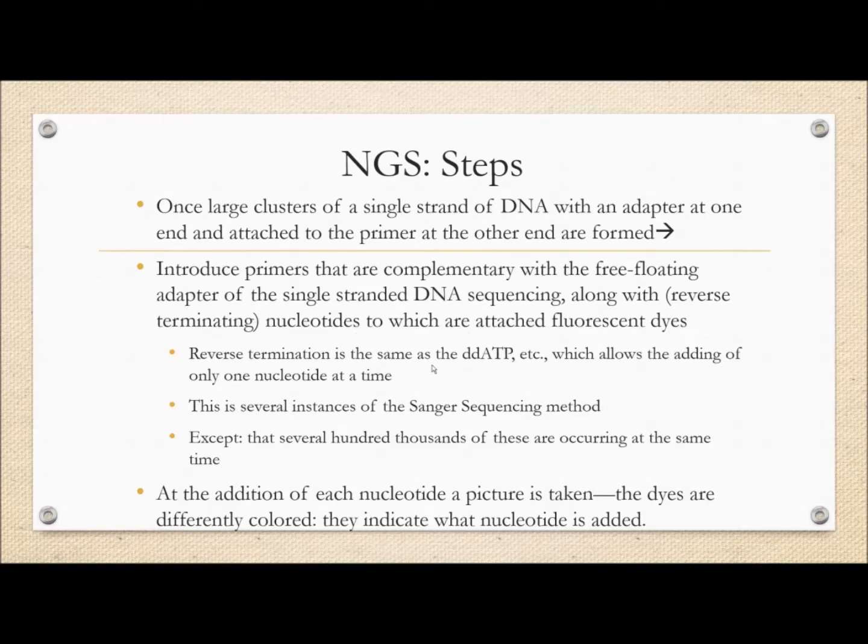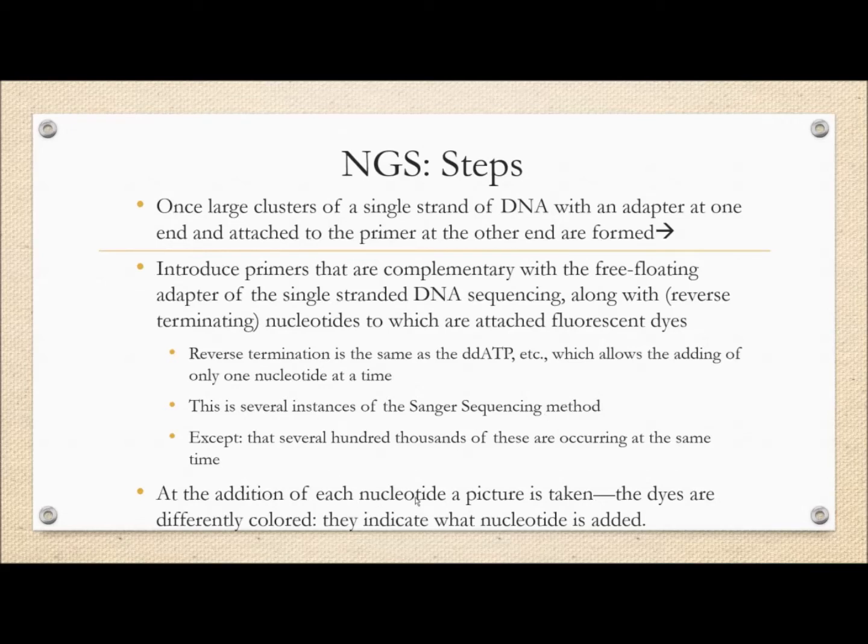Reverse termination is the same as the ddATP from the dideoxy methodology, ATP, GTP, CTP or TTP from the Sanger sequencing, which allows the adding of only one nucleotide at a time. So this is the reverse termination step. And so this is the Sanger sequencing method, except done several hundred thousand times over on the same substrate.